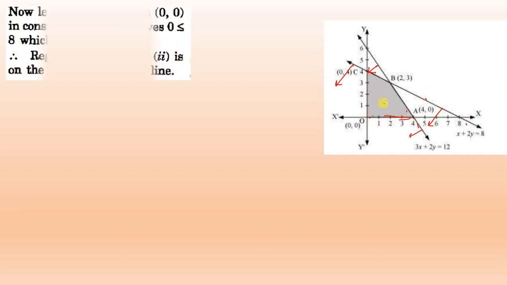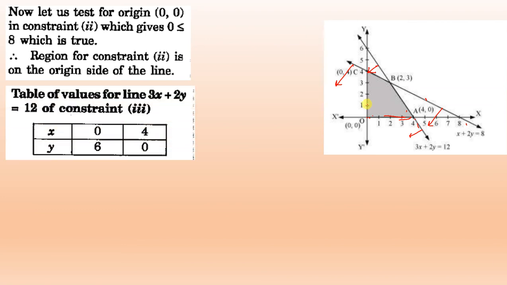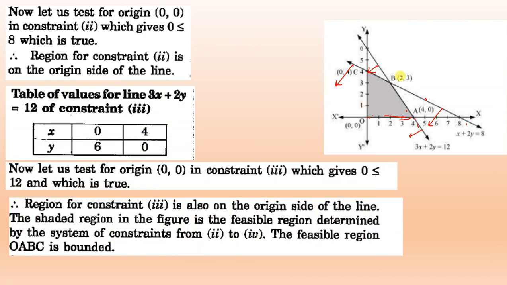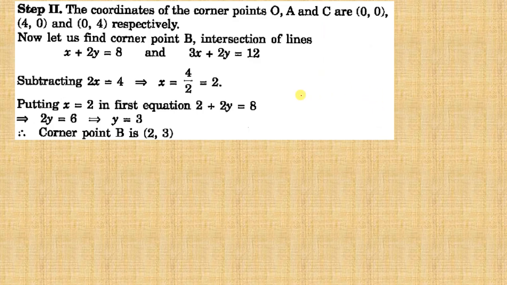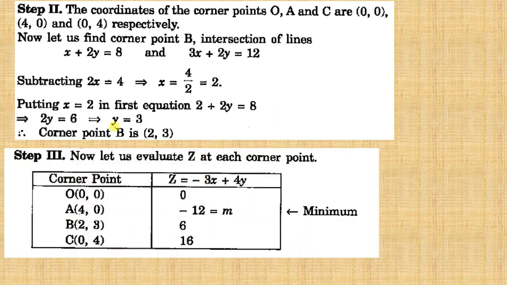Now we have to find the minimum value of z, so that will exist only at the corner point. So we will find the value of z at the corner points. So the corner points, they are 0, 0, 4, 0, 2, 3 and 0, 4.